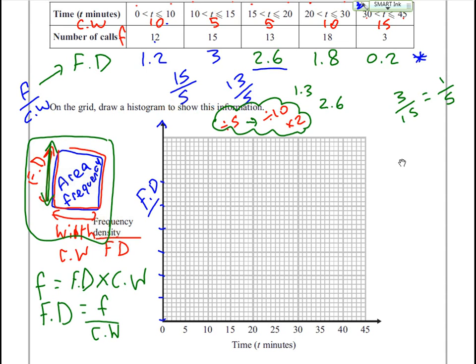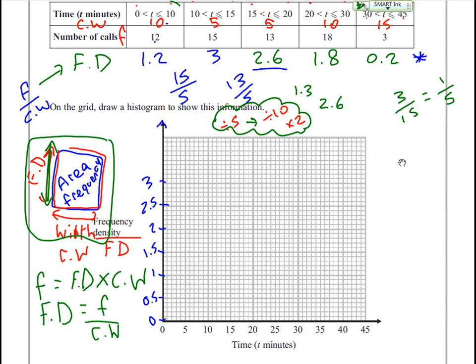You know what? Let's go with that. It doesn't matter, we're not fully using up the whole diagram. 0.5, 1, 1.5, 2, 2.5, 3. Just make that a bit clearer. We know that's frequency density.